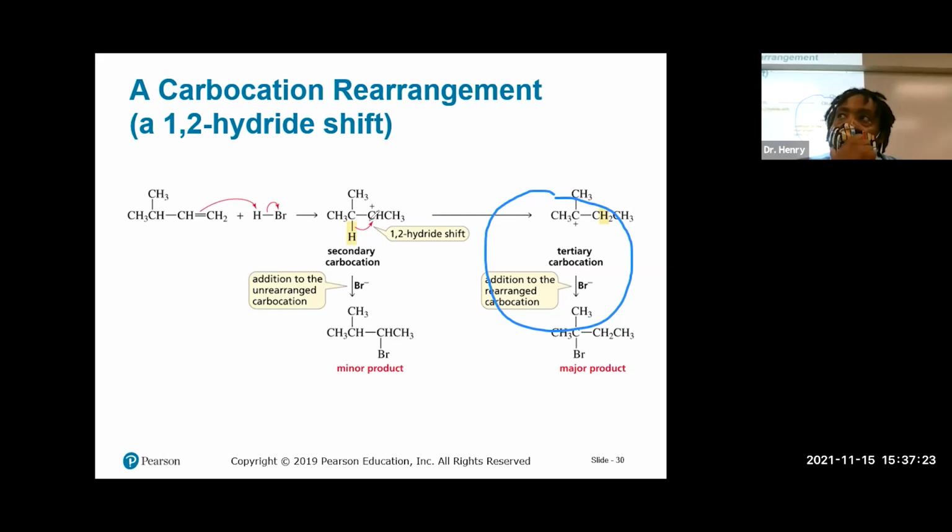Now what happens is that we have a 1,2 hydride shift. So this guy now moves here, which allows this guy to have a plus charge. That's what we get here.